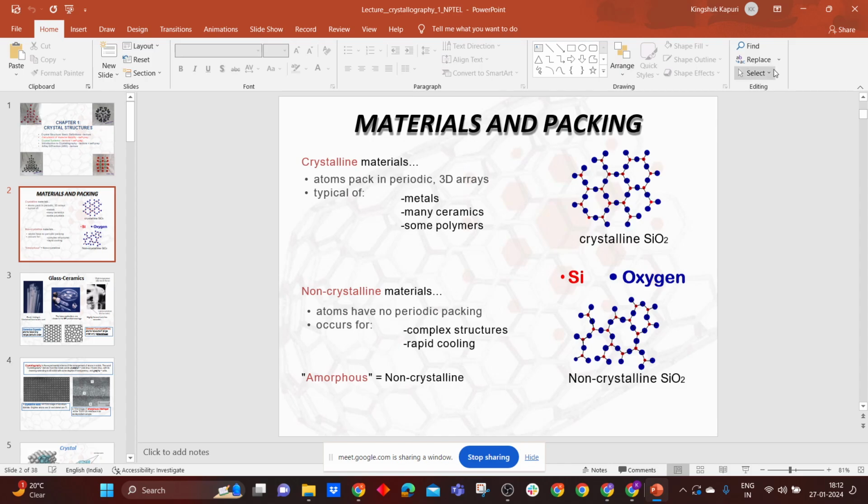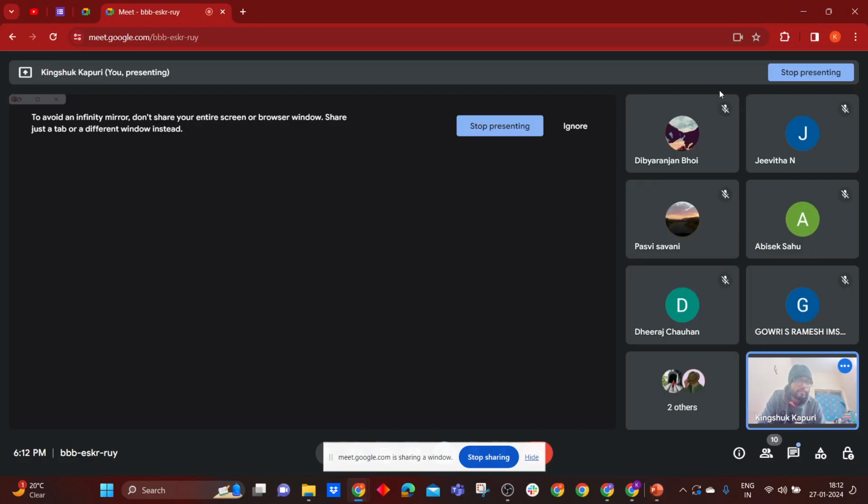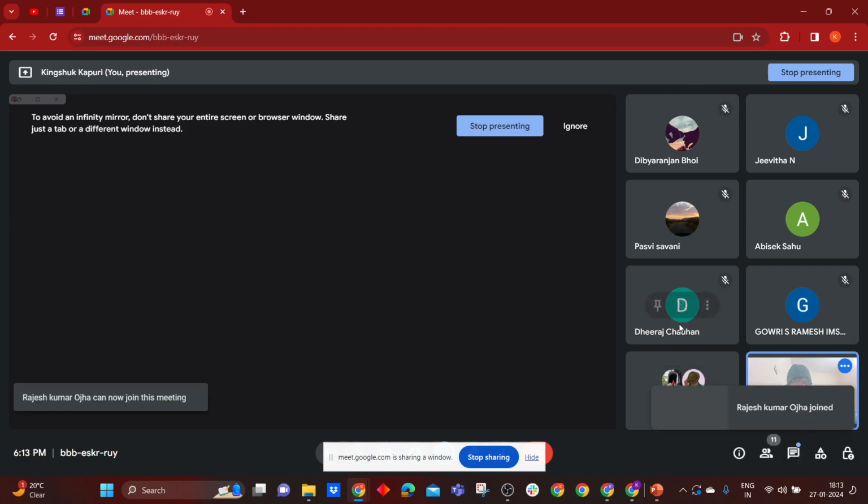Do you guys know what I mean by rapid cooling here? Anyone can unmute yourself if you know something about rapid cooling or chilling. What is rapid chilling or cooling?